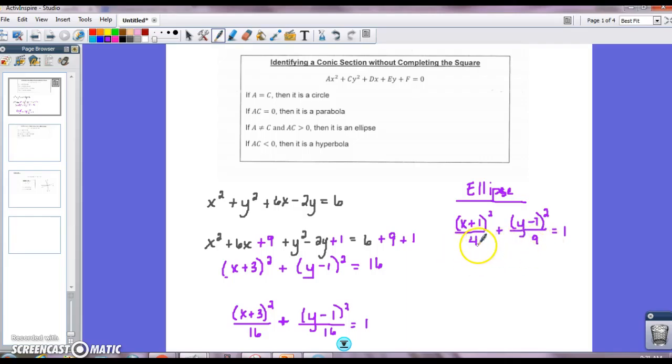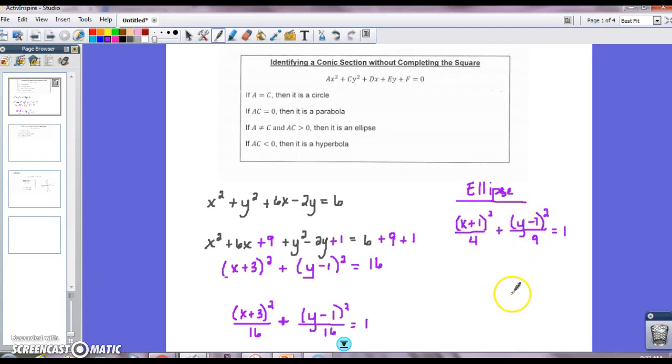One represents your a value, one represents your b value, or excuse me, this is a squared and b squared. Remember we said whatever the larger one is tells you what your major axis is. Because my larger value is under the y, that means my major axis is vertical. But still that's an ellipse. Those numbers are different, but they have the same sign.